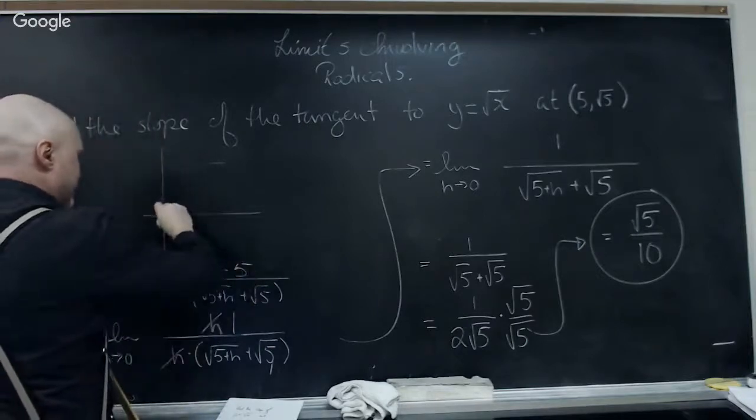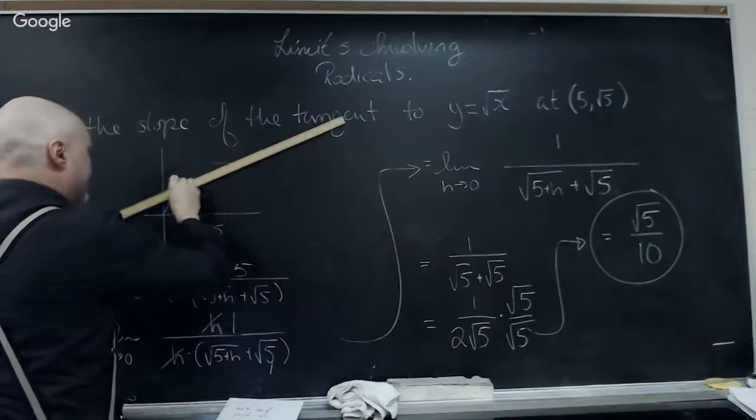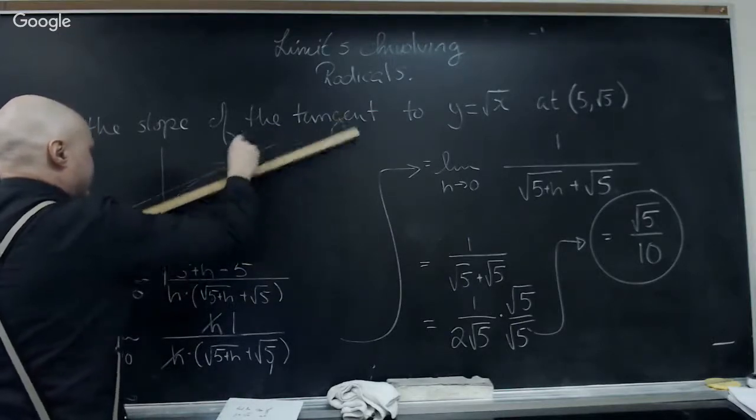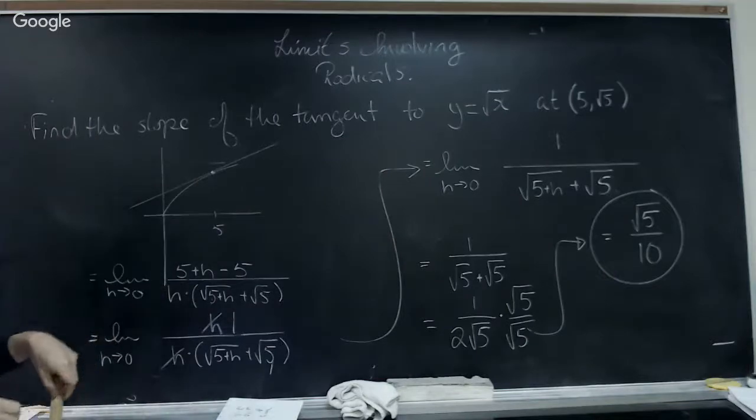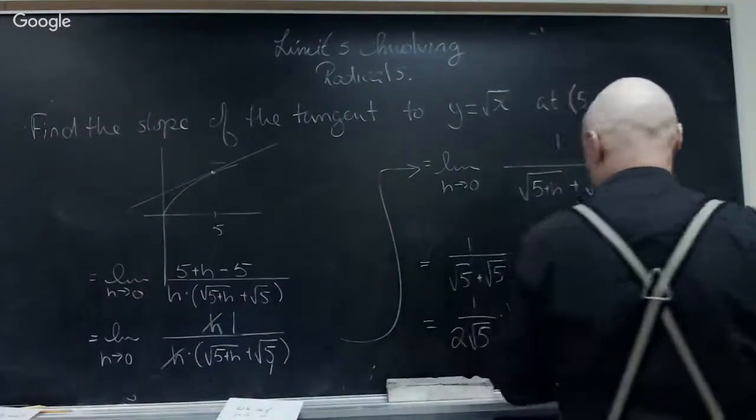And it hasn't translated, so it looks something like that. 5 is about here. I'm definitely expecting a positive slope. So there we go. That's what it looks like in not real life.